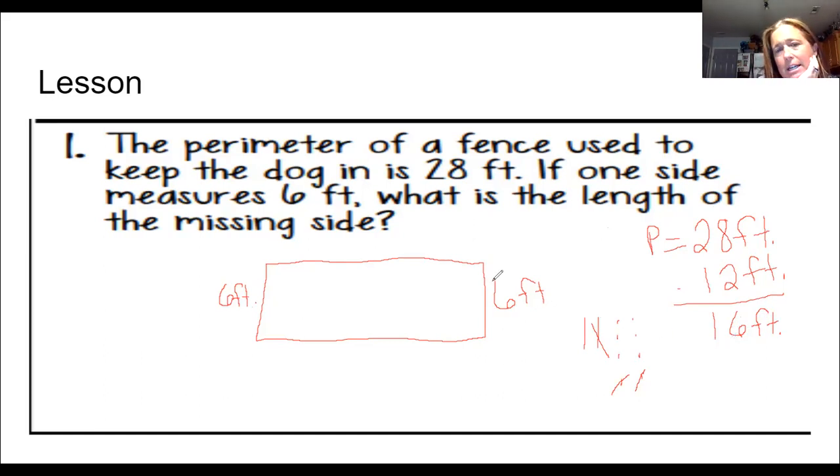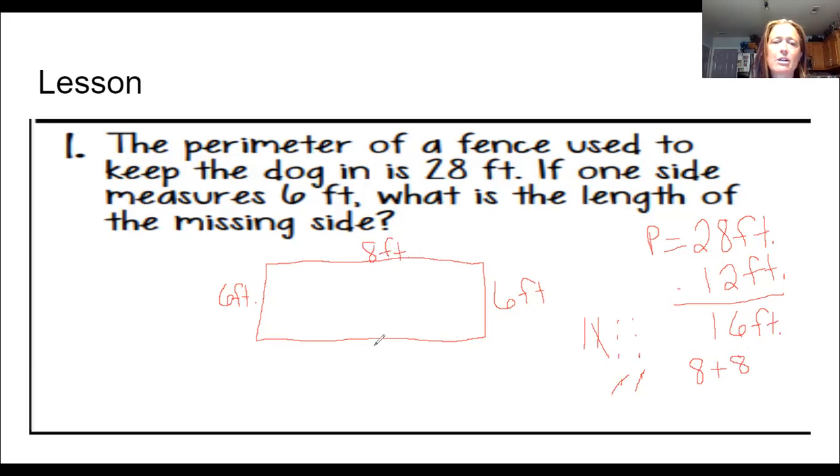Well, we know in a rectangle, opposite sides are equal because we said 6 feet here, 6 feet there. So this side and this side have to be the same number. Well, 16 we know is also 8 plus 8. So each side could be 8.